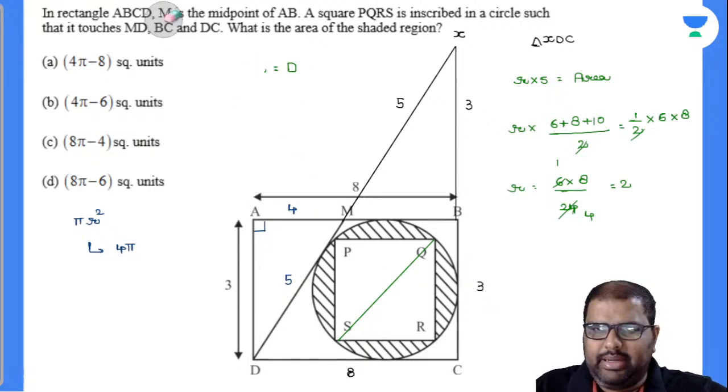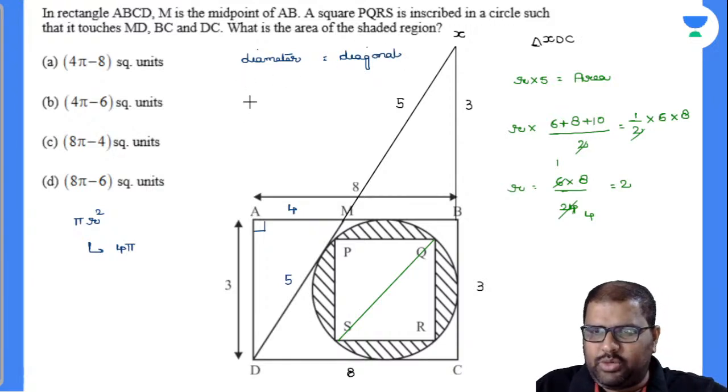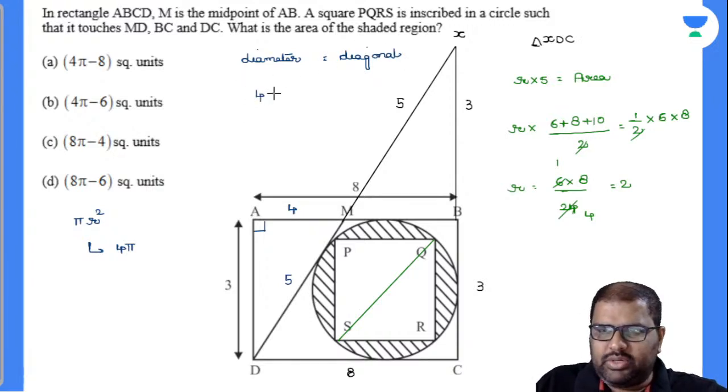Radius is not diameter. So diameter of the circle is equal to the diagonal of the square. Everybody knows the diameter is how much? 4. 4 is equal to root 2 a.